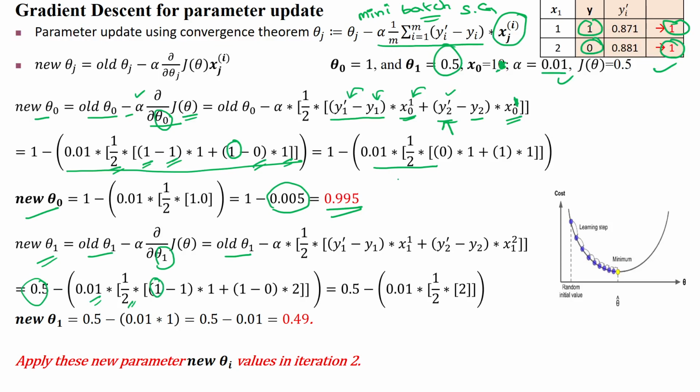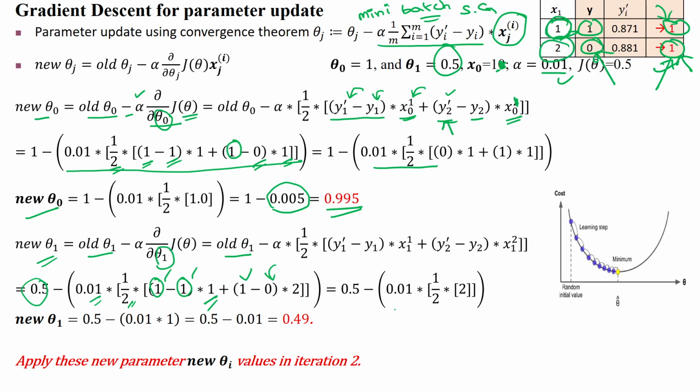Here for sample number 1, the predicted output is 1 and the actual output is also 1, multiplied with x1, which is 1 for sample number 1, plus 1 minus 0, the predicted output for sample number 2 minus the actual output of sample number 2, which is 0, then multiplied with x1 for sample number 2.